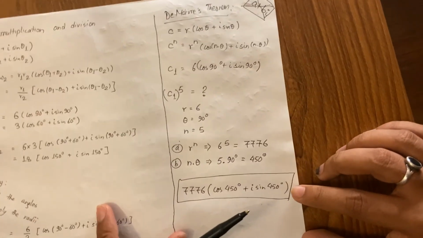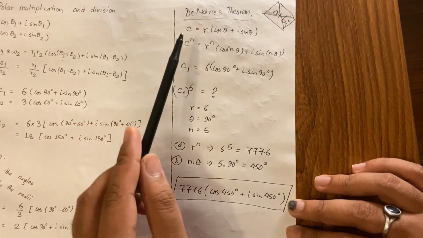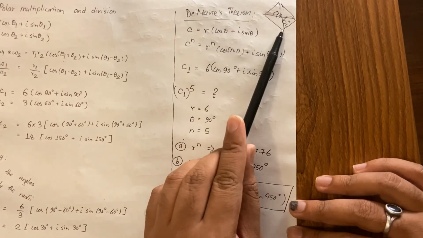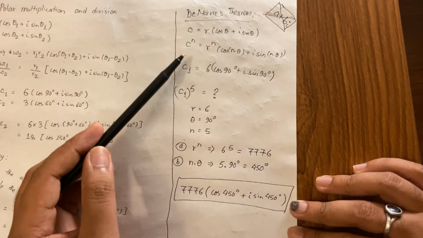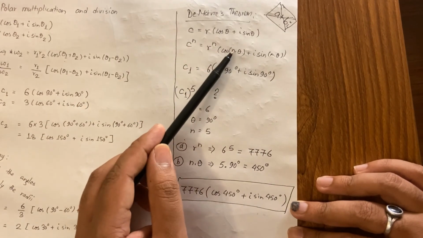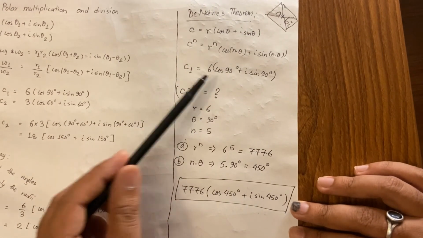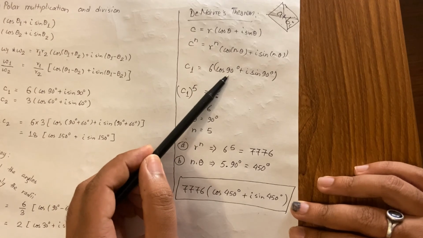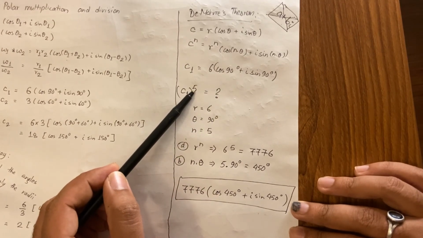Then we also took a look at DeMoivre's theorem. We took a complex number in polar form. Remember, it does not work for rectangular form. The number has to be in polar form. Then we took the radius to the power of n and we multiplied the angle by n. In this case, our radius was 6, the theta was 90 degrees, and n was 5 because the question wanted us to take it to a power of 5.